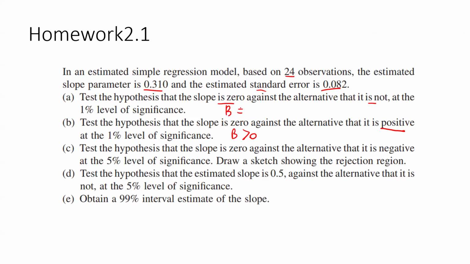This is beta not equal 0. This is beta negative. And then let's try to test whether beta is 0.5. And then please do a confidence interval. So just check your understanding of hypothesis testing.